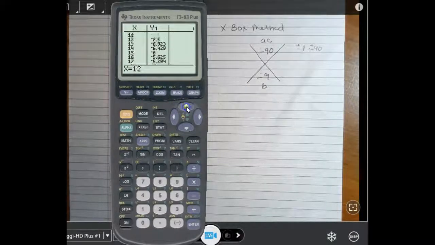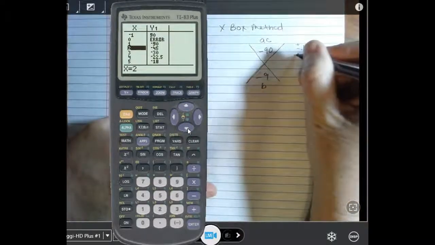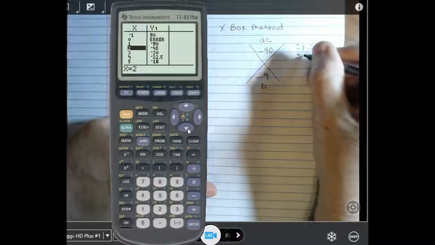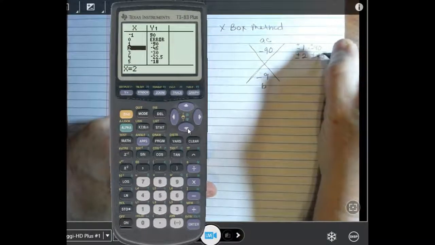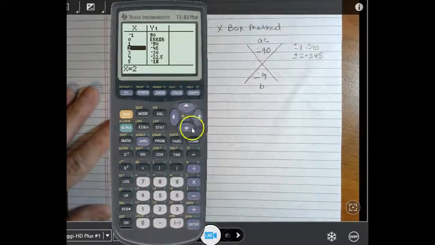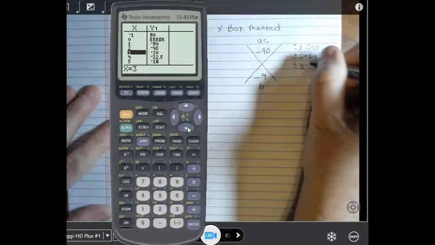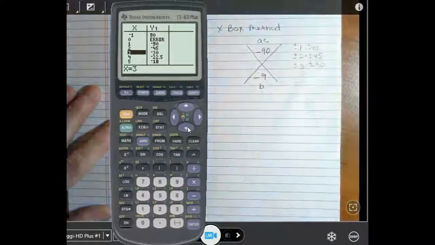So I'm going to go down to 1. And as you can see, 1 times negative 90, or if I go to the other side, negative 1 times positive 90. So I'm going to stay on the positive side. It looks like 2 and negative 45, or negative 2 and a positive 45. I'm just going to do plus or minus since we're talking about wanting a negative number here. Then it looks like 3 and negative 30, so that's 3 plus or minus times plus or minus 30.